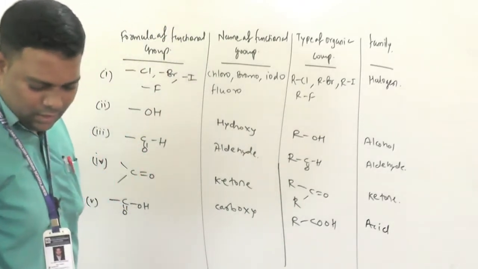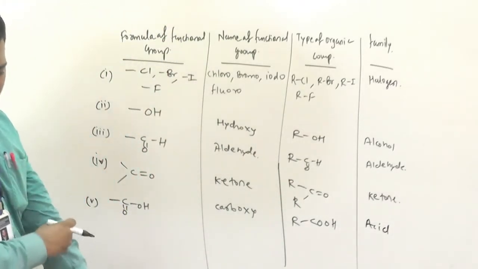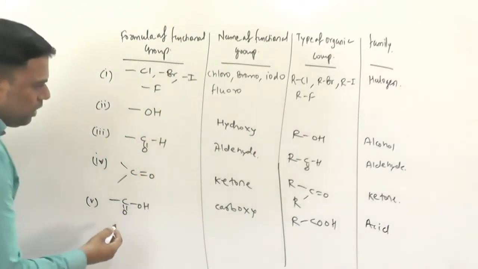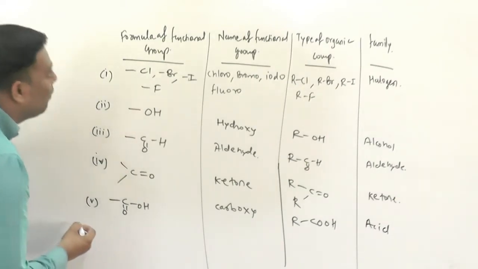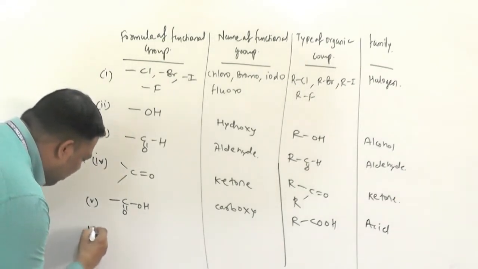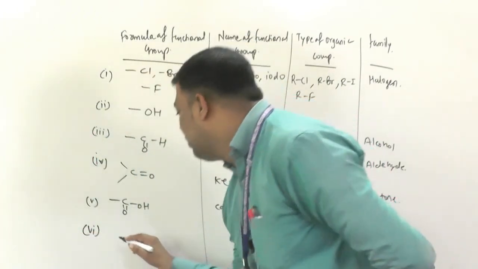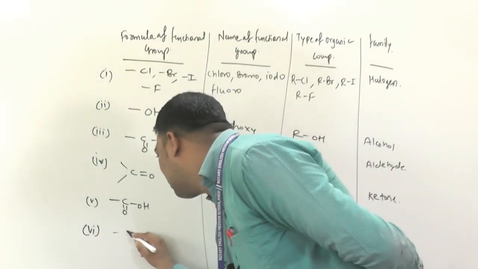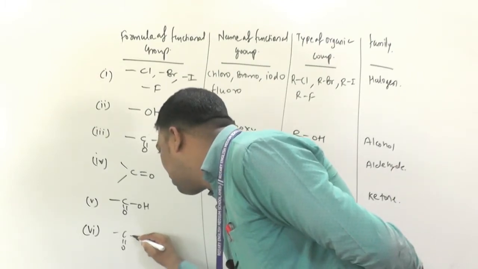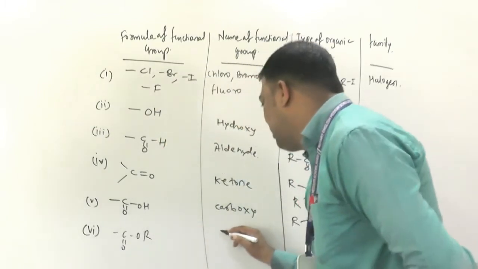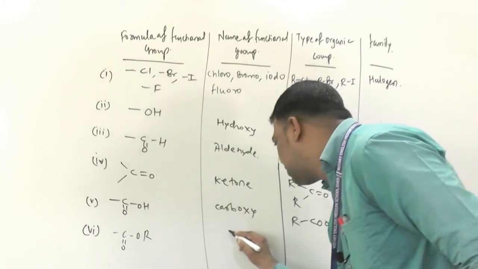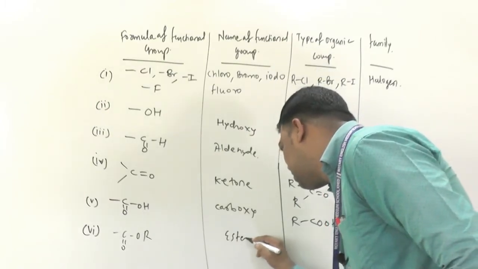Now see here, alkoxy is also there. Then we have ester. We can write the bond C double bond OR, and here the family is esters.